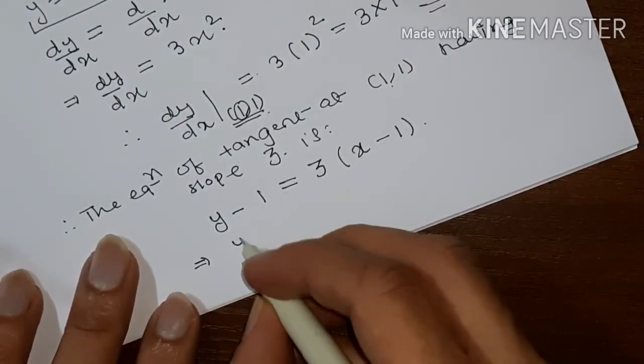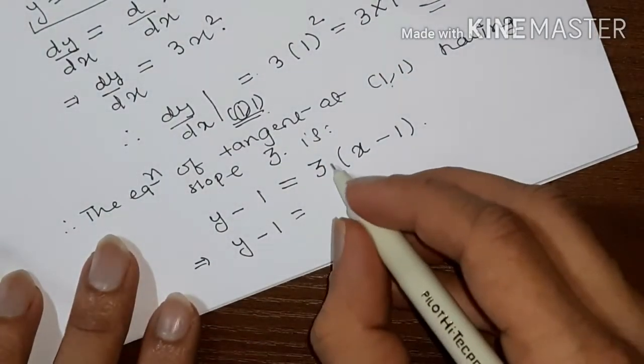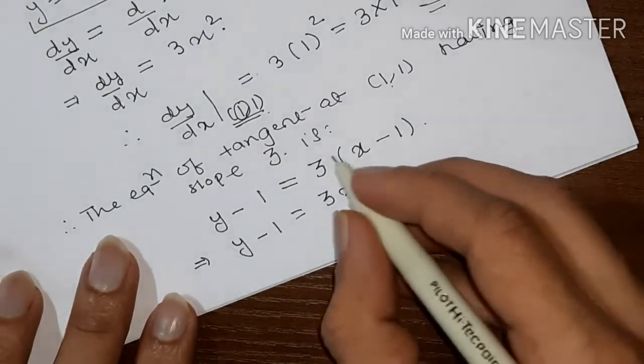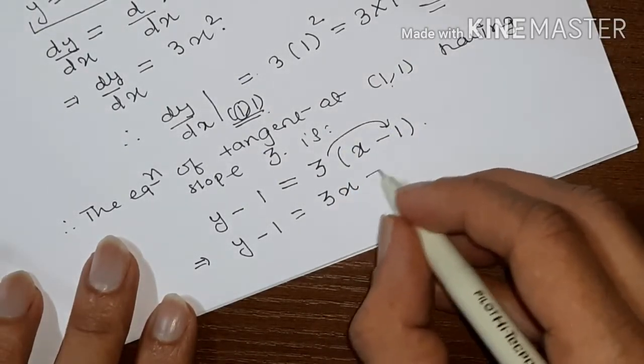So y minus 1 is equal to 3 times x is 3x, 3 times minus 1 is minus 3.